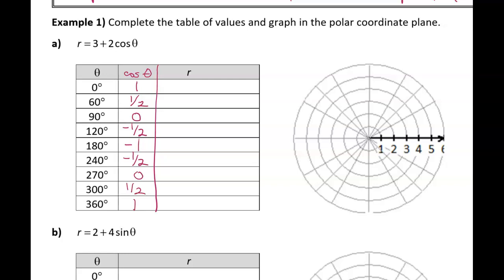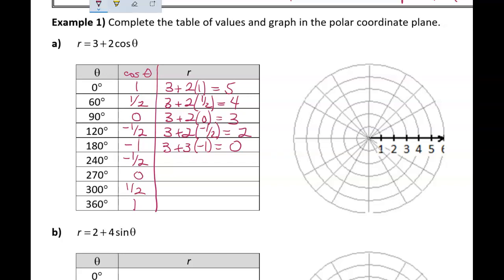So when cosine of theta is 1, then the radius is 3 plus 2 times 1, or 5. When cosine is a half, the radius is 4. When cosine is 0, the radius is 3. When cosine is negative a half, the radius is 2. When cosine is negative 1, the radius is 1.